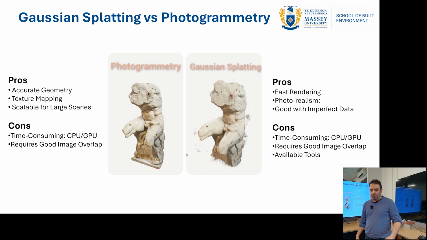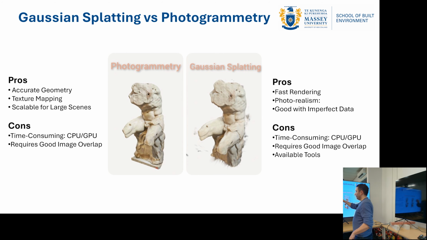There are different pros and cons, and I'm going to quickly show you some examples of what you can get out of it. Sometimes you get really good results for photogrammetry when the objects are not shiny, given all the limitations we were mentioning before.